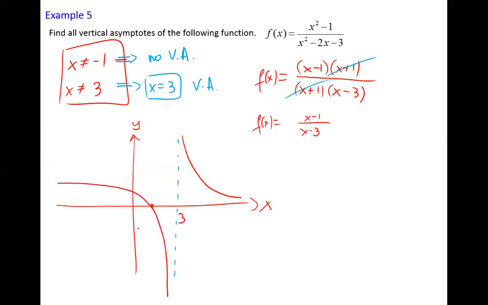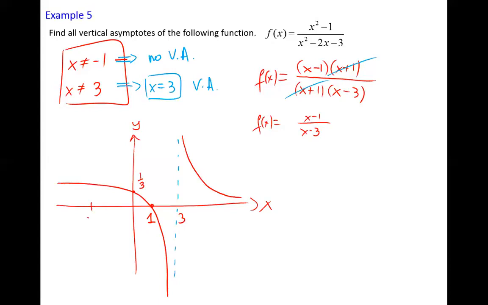And we do have x and y intercepts. The x-intercept is, we can say, 1, and the y-intercept means that x is 0. That means negative 1 over negative 3, it's 1/3. That means this will be 1/3.